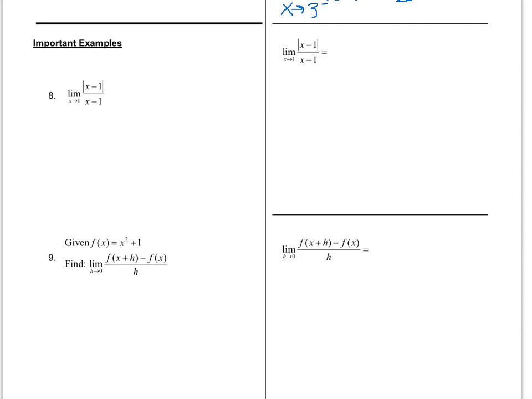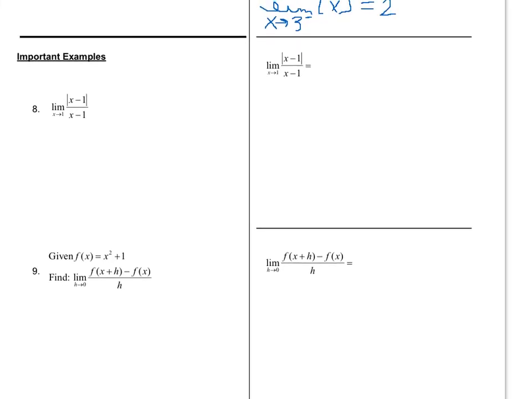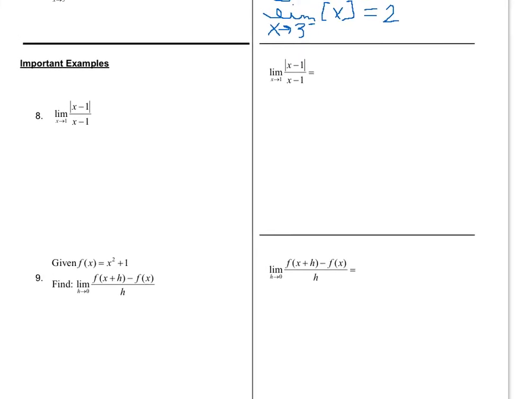It sounds a little bit confusing. Here's what I mean by that. If you take a look at x minus 1 in the top, anytime that inner quantity is positive, the absolute values are not needed. And anytime the inner quantity is negative, we want to make that inner quantity positive. That's what absolute value means.